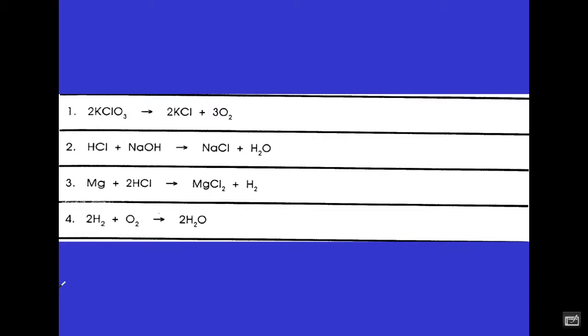In this case, I have one reactant and I have 1, 2 on the product side. That matches up with our pattern for decomposition. So we're done with that one pretty quickly.